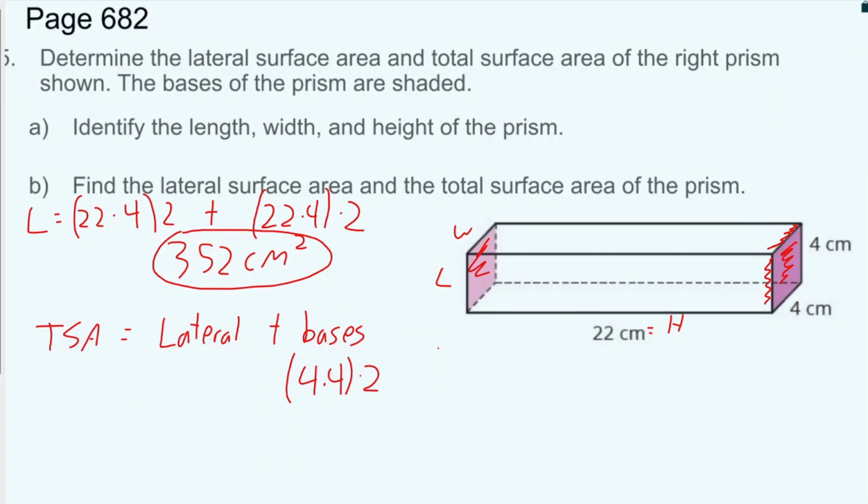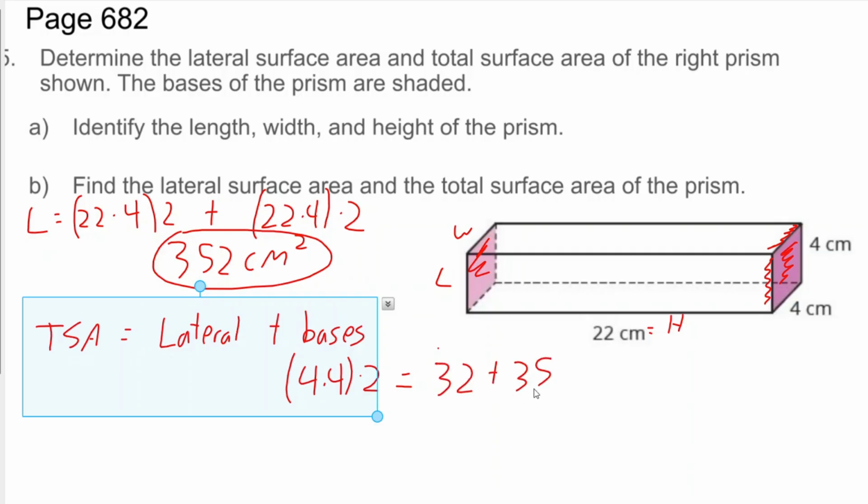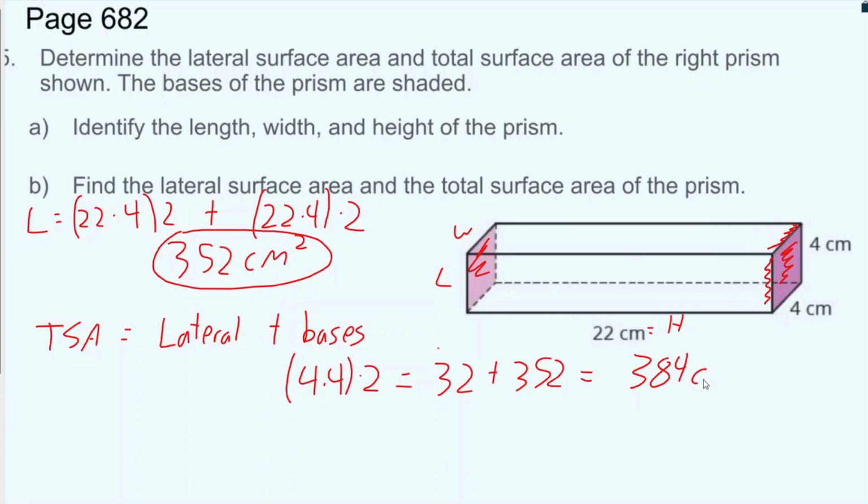Lateral surface area is what I found up here. The two bases would be 4 times 4 times 2. So that's going to give me 32, plus the 352 will give me a total of 384 centimeters squared.